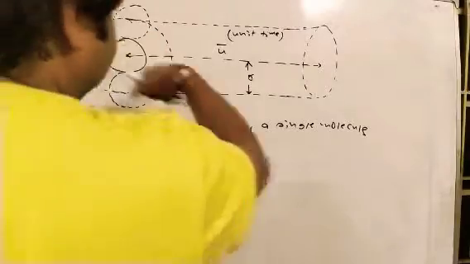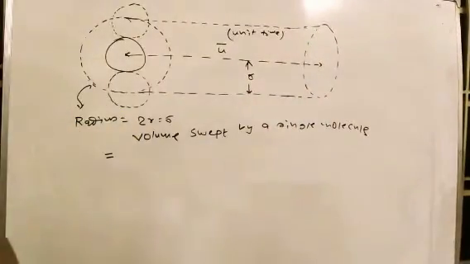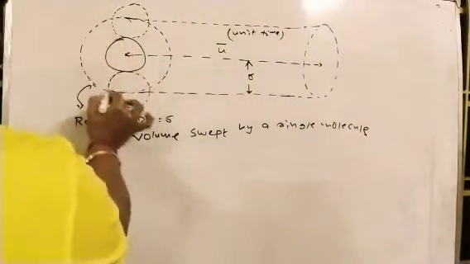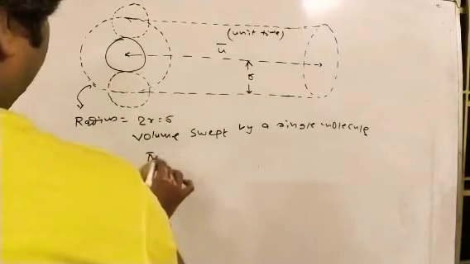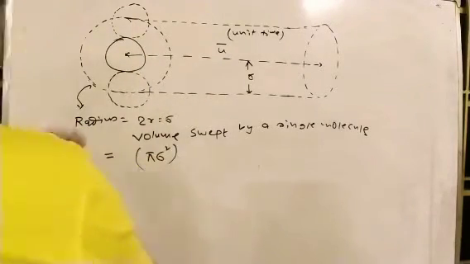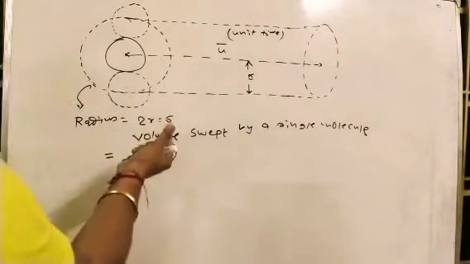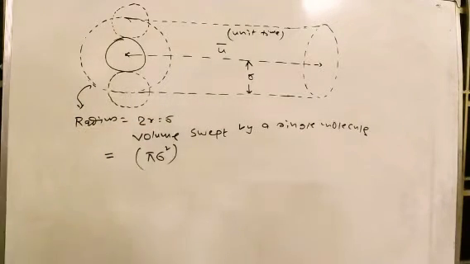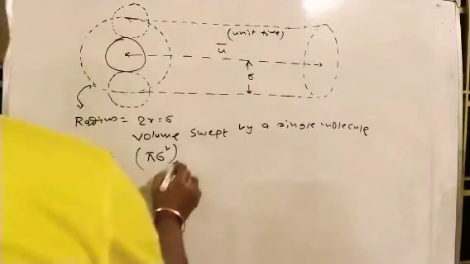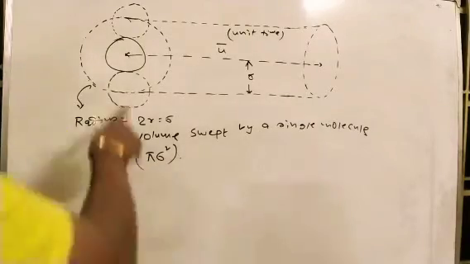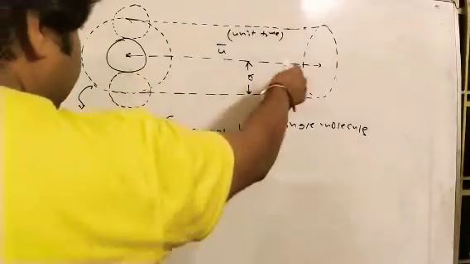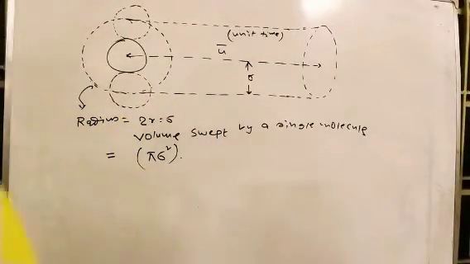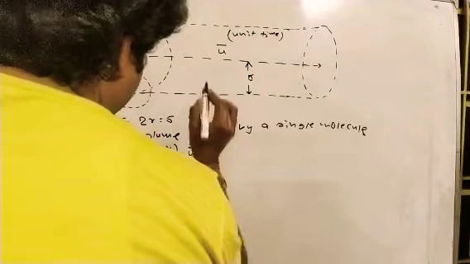Basically, this is a cylindrical form. If we look at its area, it is pi sigma square, because pi r square is the area and the radius here is 2r. It should be pi sigma square multiplied by the height, which is the distance traveled by the molecule in unit time, so that will be multiplied by u bar.